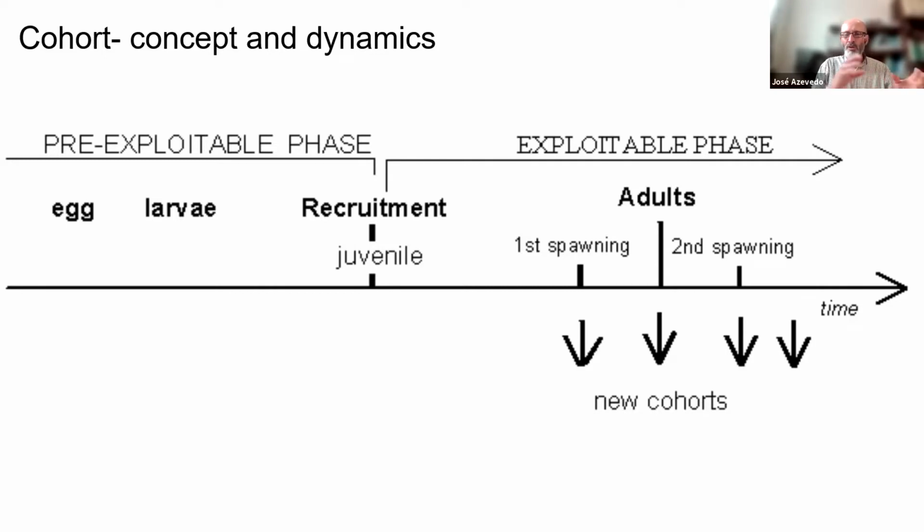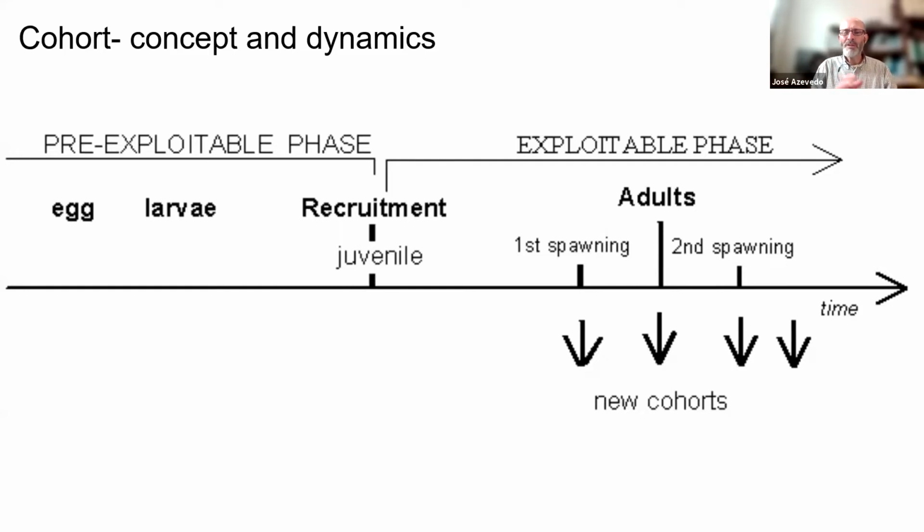And so when you look at a cohort, it has different phases. If we're talking about fish, they normally start with eggs, and then from these eggs, usually there are larvae coming up, and these larvae will eventually turn into juveniles.